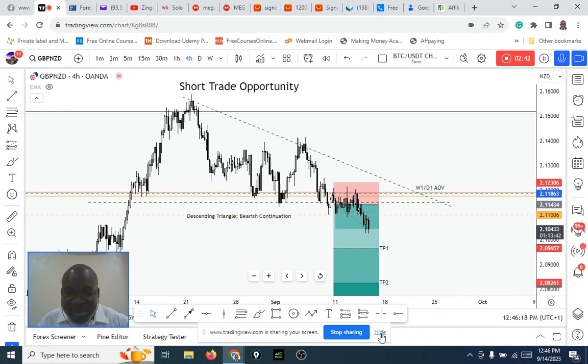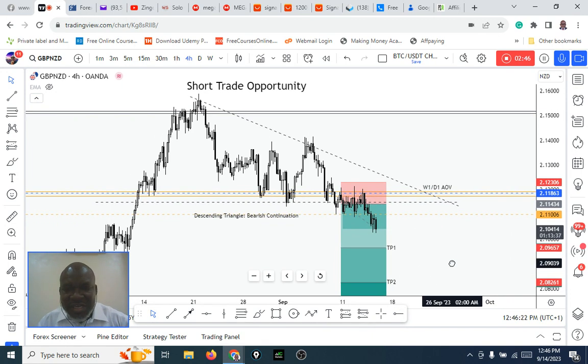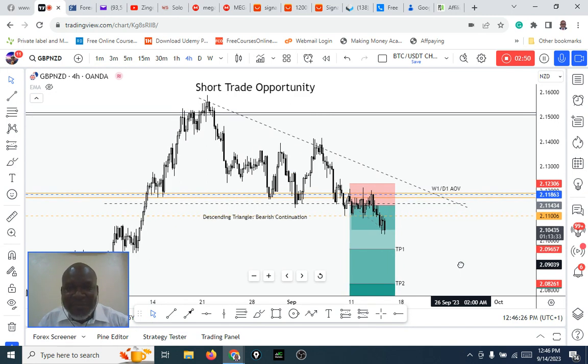You have to take some partial profits. Don't be greedy and leave your entire trade in the hands of the market. The market is very aggressive. The market will pull back and take you out. And if you're not there to re-enter at the appropriate time, you will just lose money.